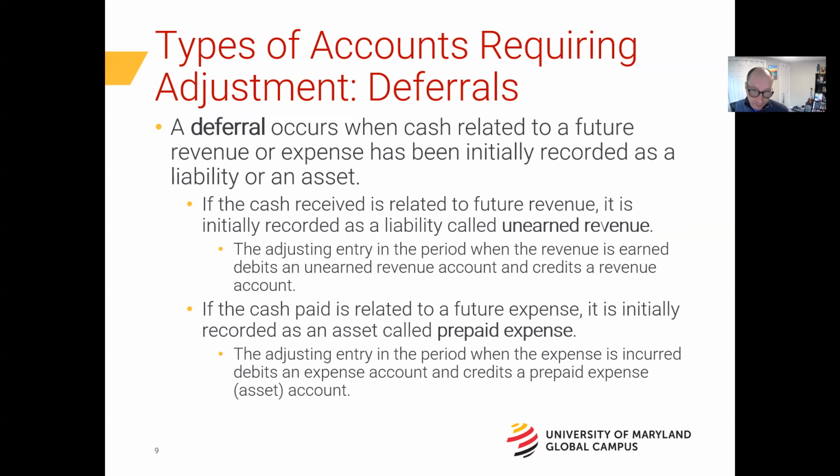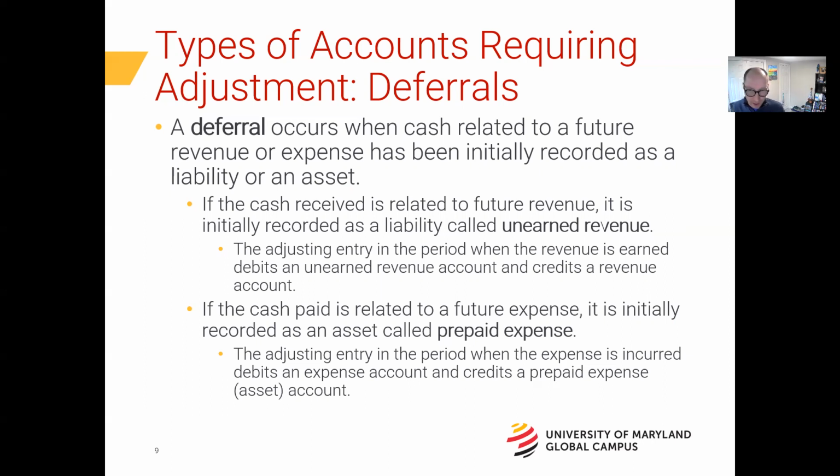For prepaid expenses, like prepaid insurance, for example, this is cash that we paid for future expenses. We have not yet incurred them. The example that I gave us for prepaid insurance, we debit prepaid insurance and credit cash.